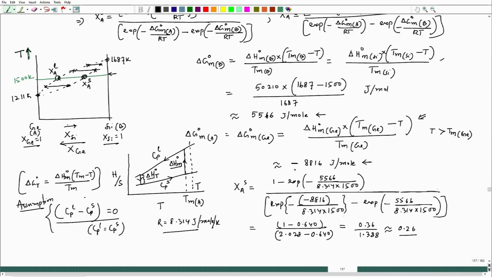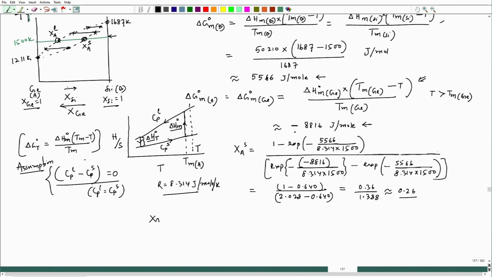Now we can get XAL, which is nothing but XAS exponential minus delta G naught M, let me put it A first, divided by RT.